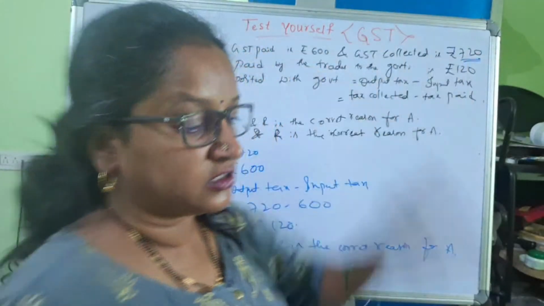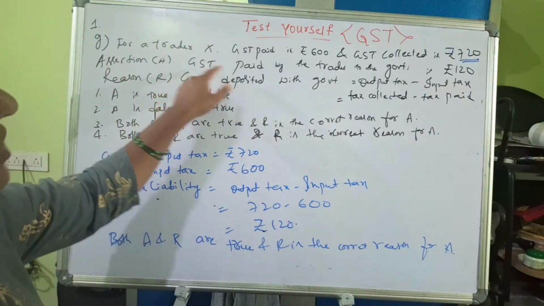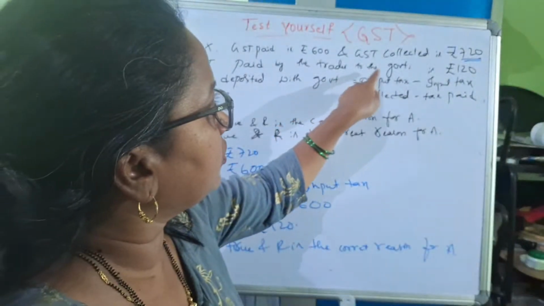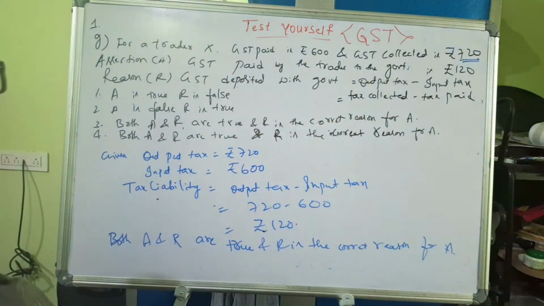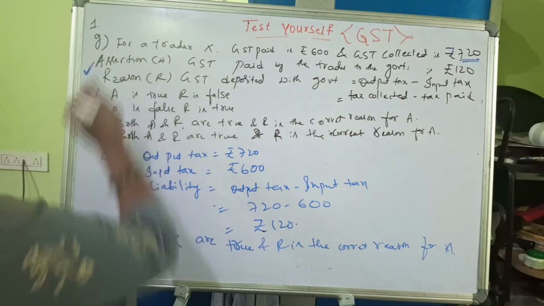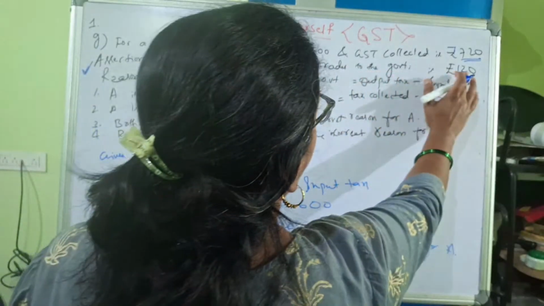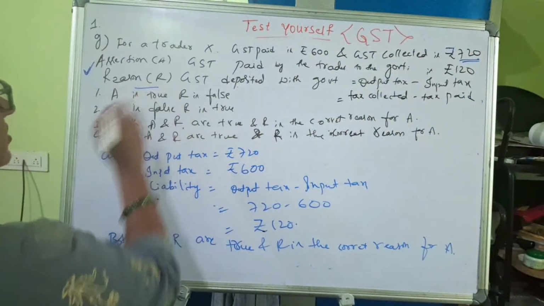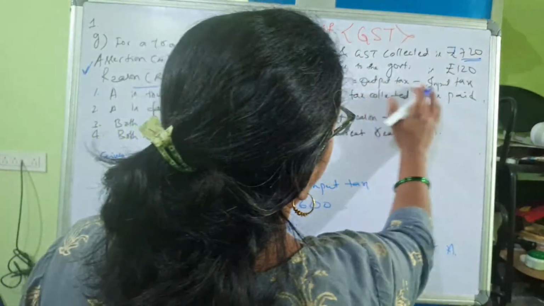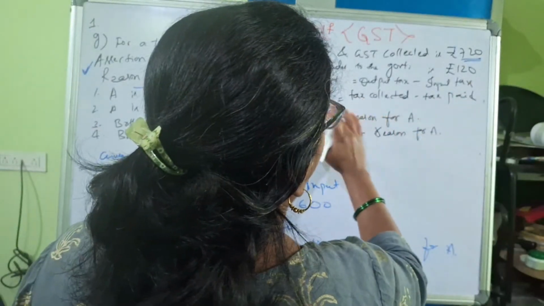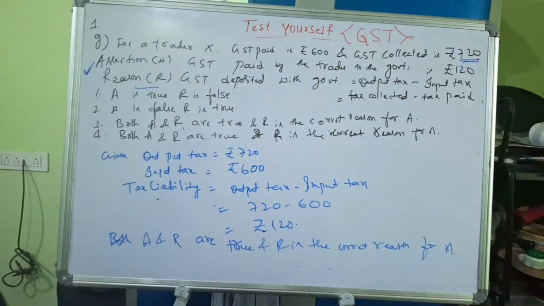Assertion: GST paid by the trader to the government is rupees 120. And in the reason: GST deposited with the government is equal to output tax minus input tax, which is equal to tax collected minus tax paid.